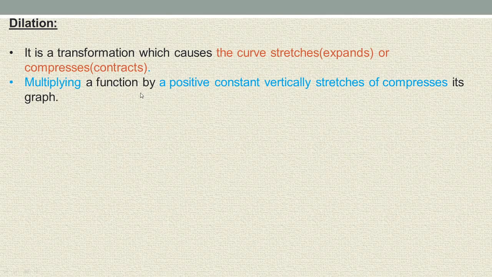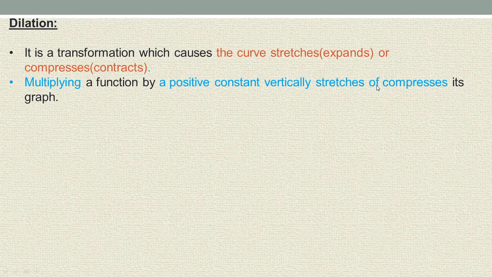Multiplying a function by a positive constant. When you multiply a function by a positive constant, it vertically stretches or compresses its graph. The word positive constant is very important.